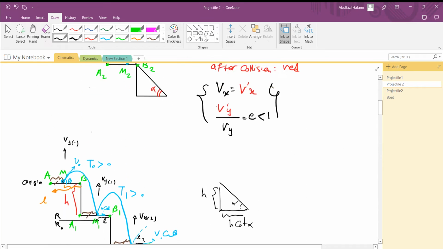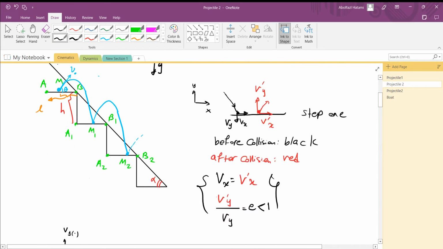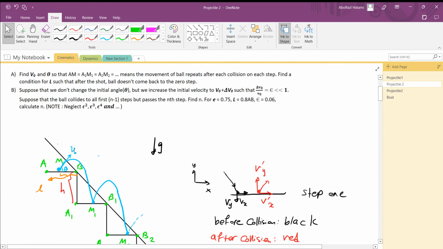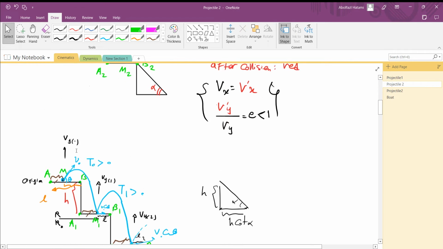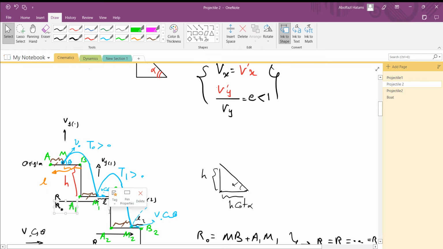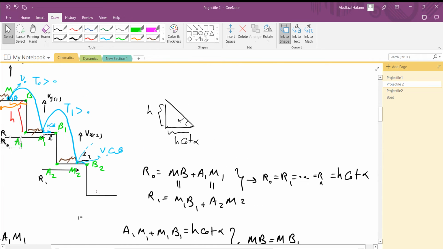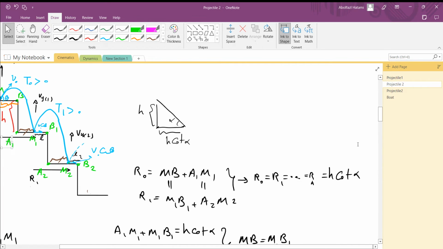So with this fact, let's solve part B. And what happens if we increase this velocity to, for example, v0 plus delta v0? What happens is that this parameter, which we called r, which is our movement of the ball in the x direction after each collision, is not going to be equal to h cotangent of alpha anymore.